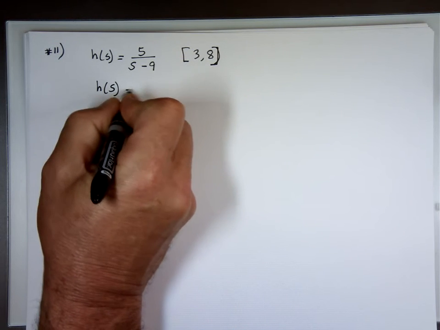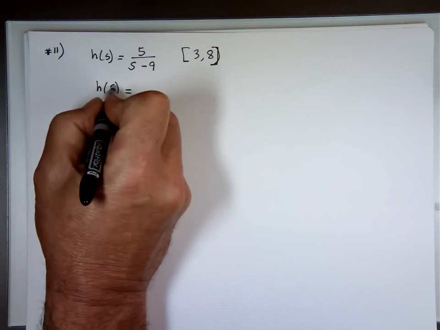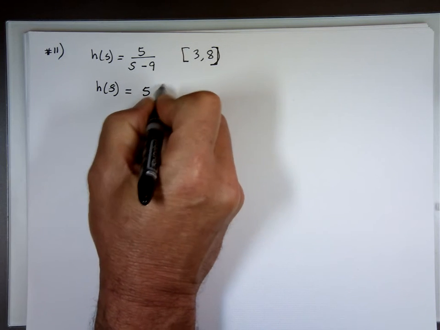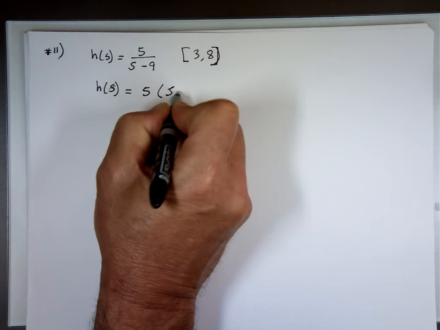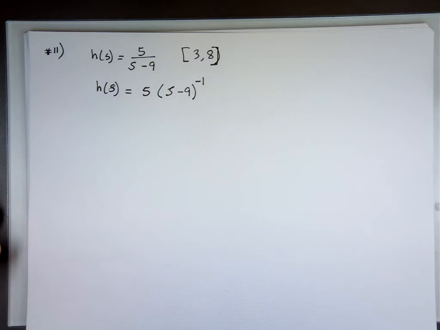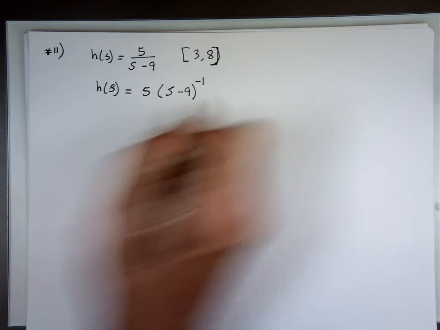Because if you rewrite that, I'm going to make my S look like this, so you'll know that's an S. 5 times S minus 9 to the power of negative 1. I can write it like that. It's easier to take the derivative now. We use the extended power rule.